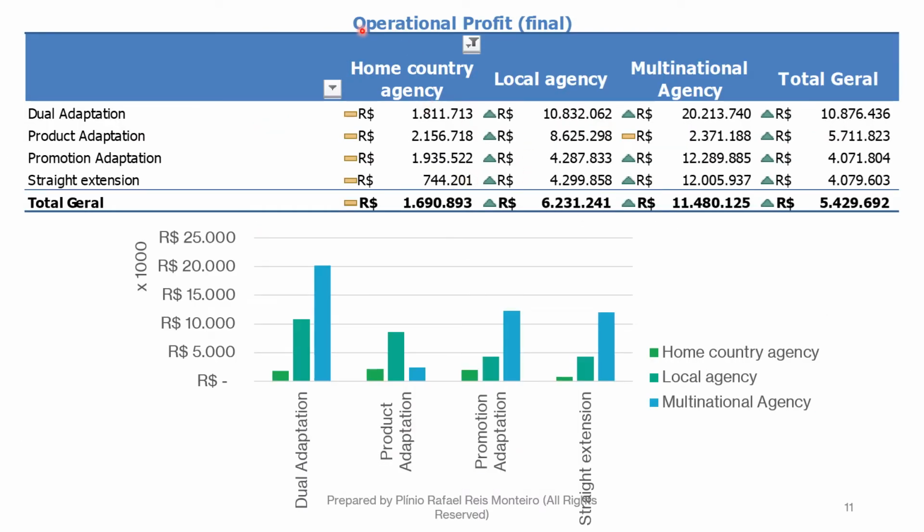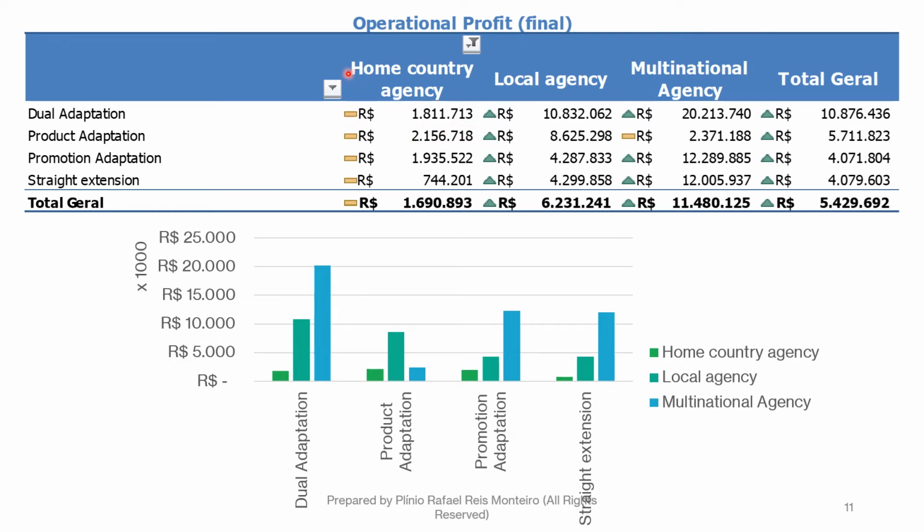Let's also compare the final profit for businesses with the type of agency selected and their product communication modes. As you can see, there is a lot of variation, but in general, the lowest profit was achieved when companies selected the home country agency, although you can still have some good profit.